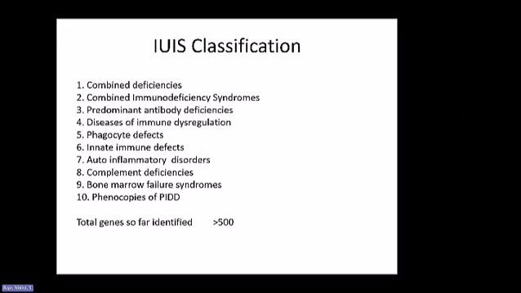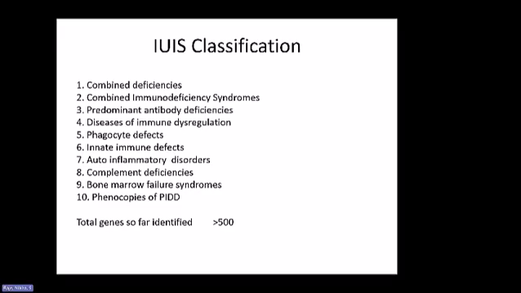Most of the defects that are primary immunodeficiencies means that the defect itself lies in the immune system, versus secondary immunodeficiency, which means that the immune system is affected secondarily. Most of the primary immunodeficiencies are genetic, but there are some, such as phenocopies, that are not genetic. Either they are somatic variants or acquired autoantibodies that almost copy one of the other category disorders, but they are not due to a genetic defect.